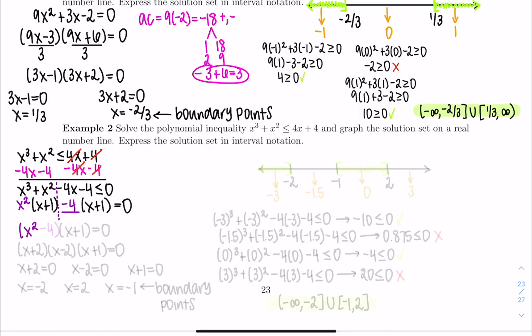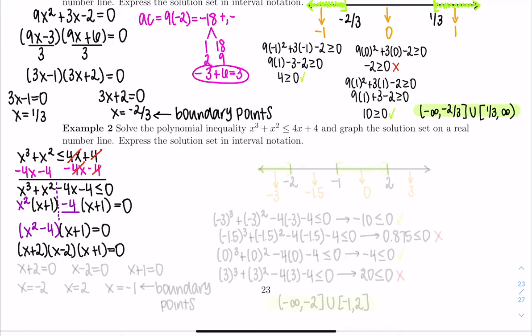So we get x squared minus 4, and we get x plus 1. But x squared minus 4 can be broken down because this is the difference of squares. And we end up getting x plus 2, x minus 2, with that x plus 1 equals 0.